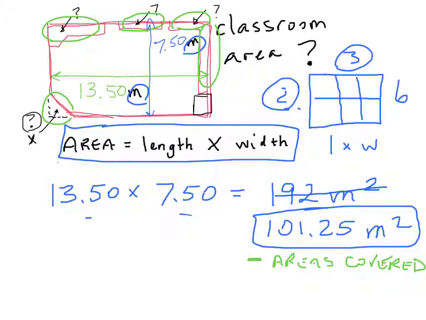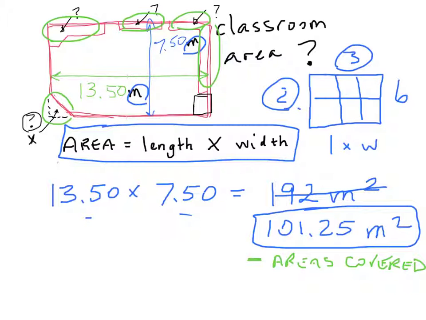Now, one common misunderstanding is that when we do a lot of building in Canada, we still use feet and inches. When I used to frame houses and build houses when I was in university, and I still do construction and build sun decks, we still use feet and inches. But another reason here is we've measured this in meters, so we want to stay consistent.